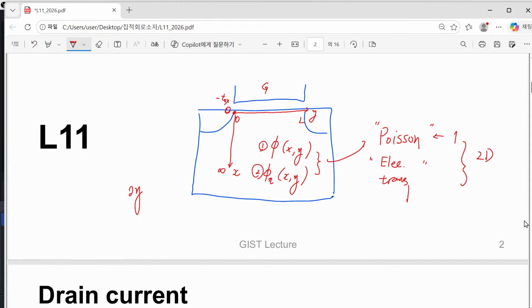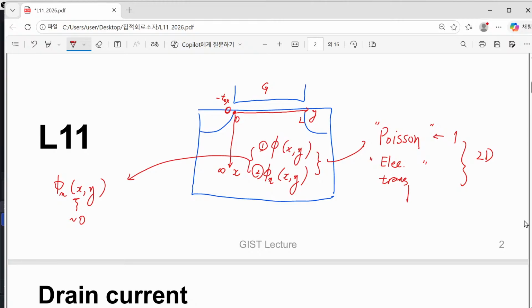So our previous lecture made a great simplification. One was, although we have to consider phi n as a function of x and y, if x is near the 0 interface, the most important position, then regardless of the value of x, this electron quasi-Fermi potential shares the same value.